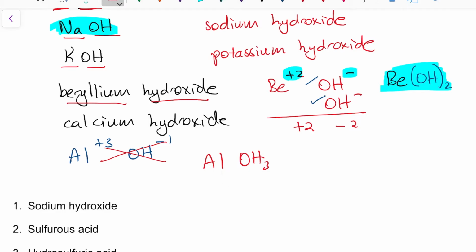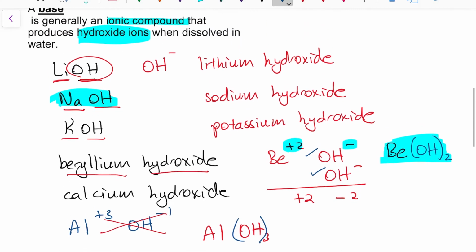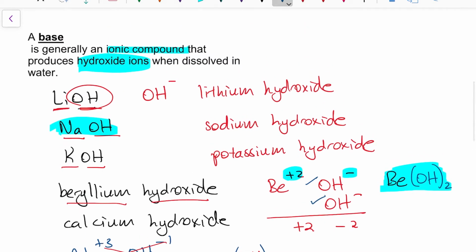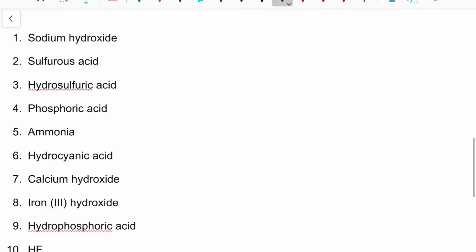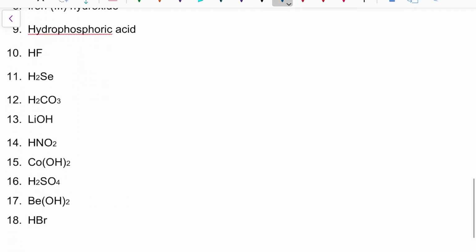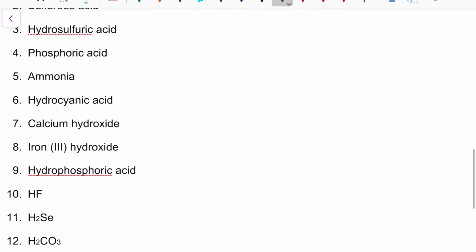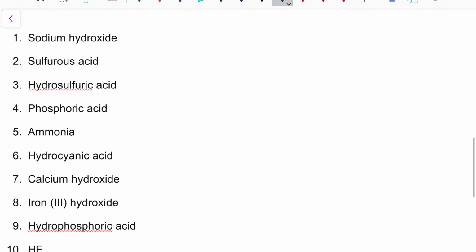But remember, you don't show the 1, and the 3 applies to the whole OH, so that's Al(OH)3, aluminum hydroxide. And folks, you just learned how to name bases in about 3 minutes. Congratulations.